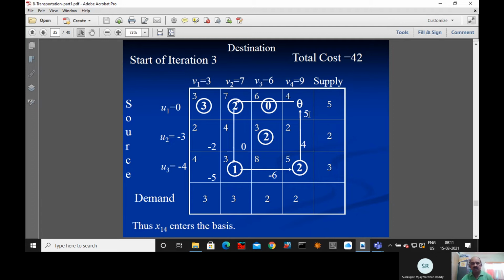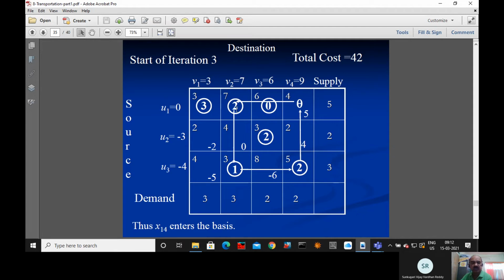So we have to check what is happening to this. We are drawing the horizontal and vertical lines. So it is plus theta, then 2, that is minus 2, then plus 1, so minus 2. Among these negatives, the minimum value is 2, so that is reduced, and the same amount is increased.